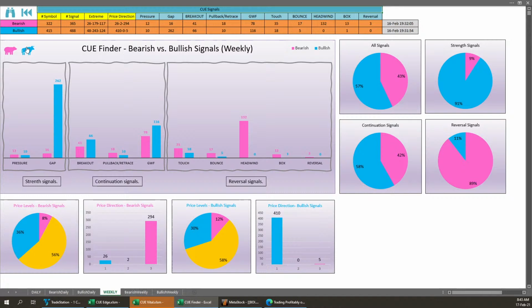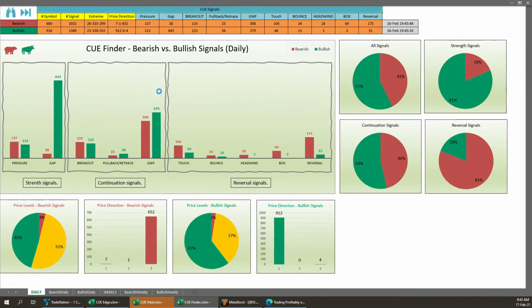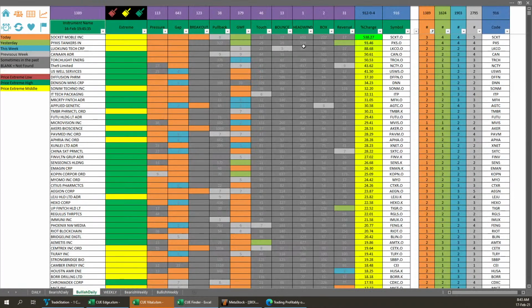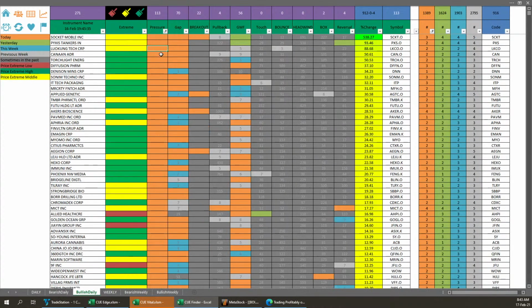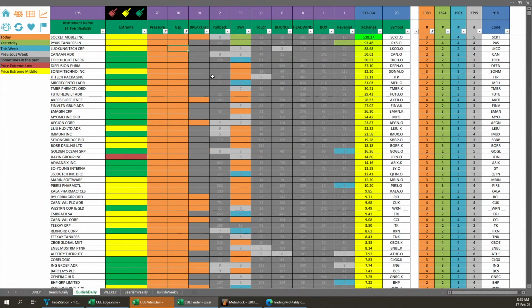In Finder Daily, you could look for stocks going up with high pressure. And maybe you could associate that with gap as well. We still have 40 stocks as of yesterday in the USA market, and some of them went up by very large percentage.